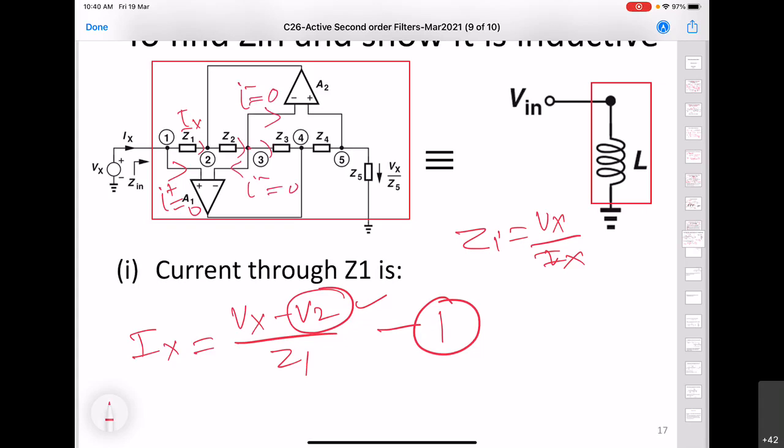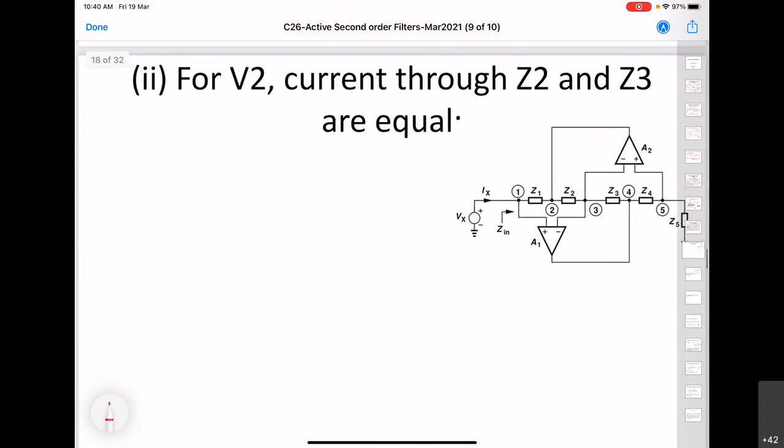So out of these 4 paths, 2 are of no importance, and whatever current flows through Z2, the same current will flow through Z3. We are now writing KCL at node 3, so current I2 is equal to current I3.